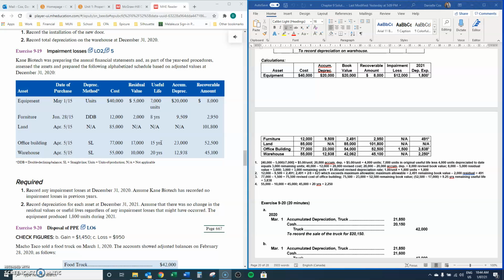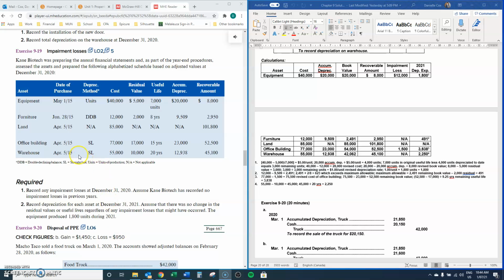15 years was the original useful life, and that was purchased in 2015. So the remaining useful life at this point in time, because it was purchased in April, we have to go back and see that 9 months would have been taken: April, May, June, July, August, September, October, November, December.